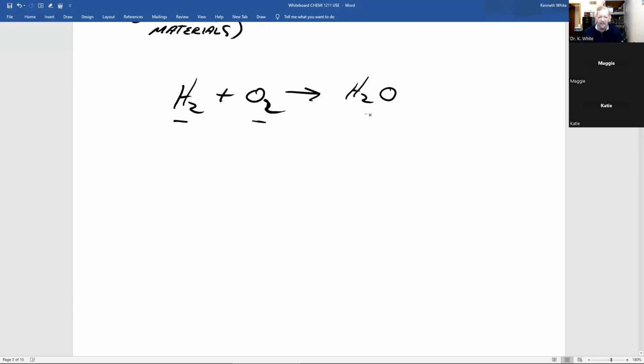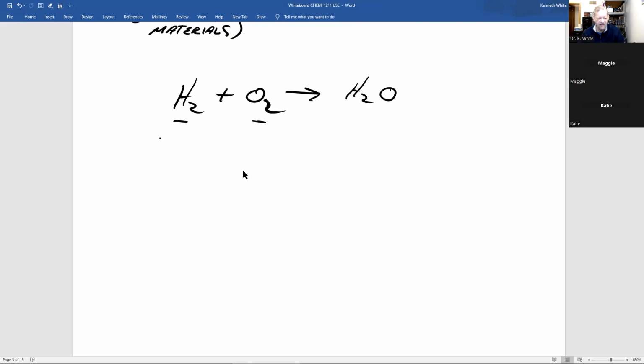And water has the formula H2O. Now, the question is, is this balanced? How do you find that out? Well, in a balanced chemical equation, you have the same number and same type of atoms on both sides of the arrow. So let's find out.